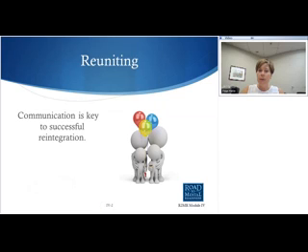And we're going to move to reuniting and the key of communication. Much of the tools that we talk about are really geared around communication, because we know communication is the key to a successful reintegration experience.